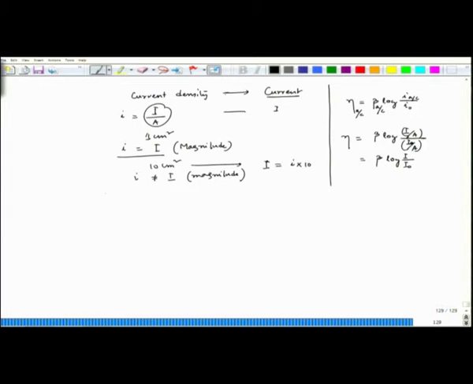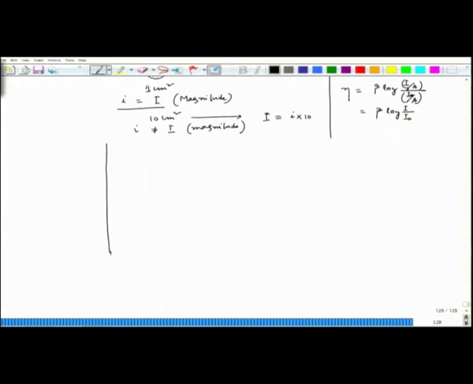Now, if I try to plot the current instead of current density in that Evans diagram, we could see a difference. Let us say this is log I, which is in ampere instead of ampere per centimeter square, and this is E in volt. This point, let us say, is E0 of M2+ on M, and this is I0 of M on the metal surface.